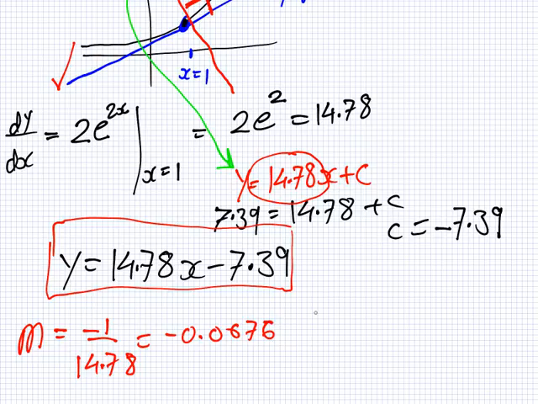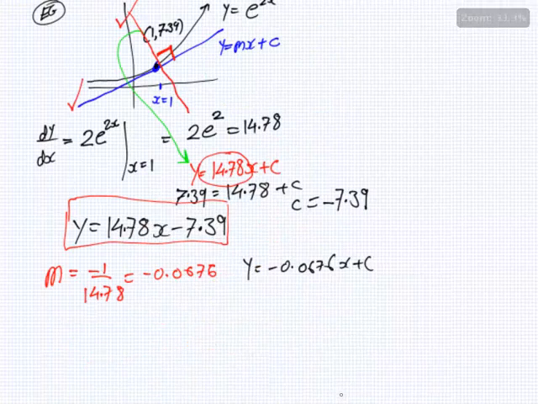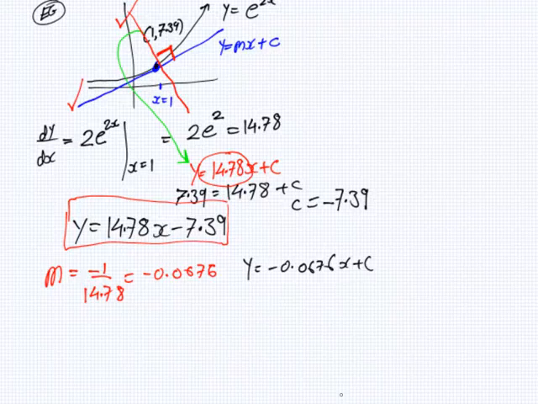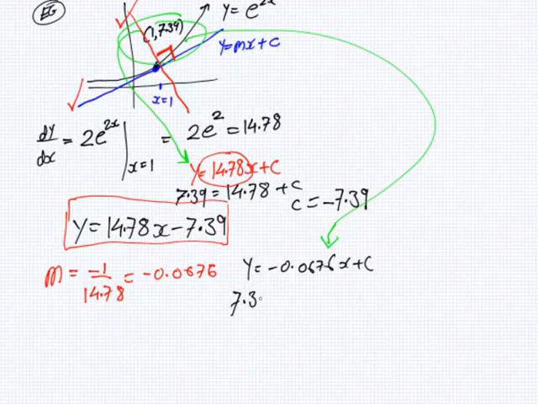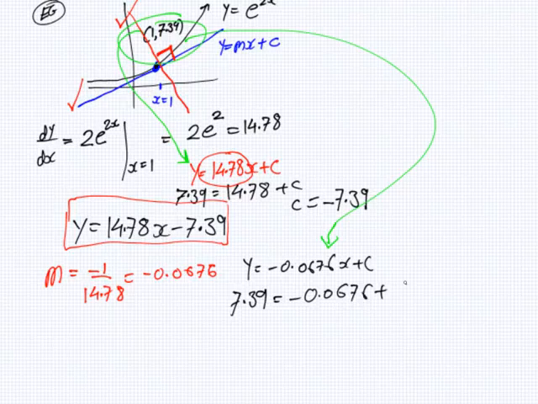So we have y equals mx plus c. How can I find the c? Like last time, I use a point. So I'll use the same point because there's only one point. So I'll put this point now in here and I'll get 7.39 equals minus 0.0676 plus c.